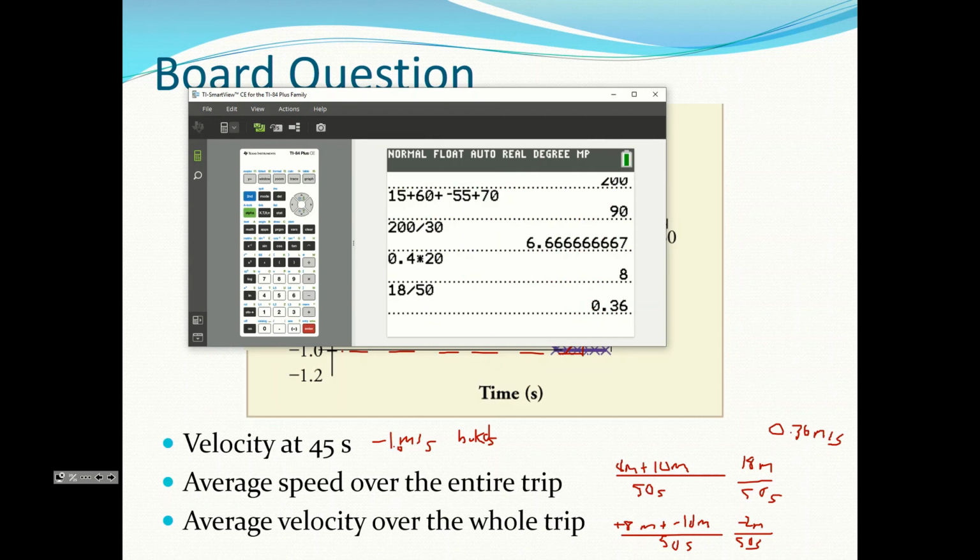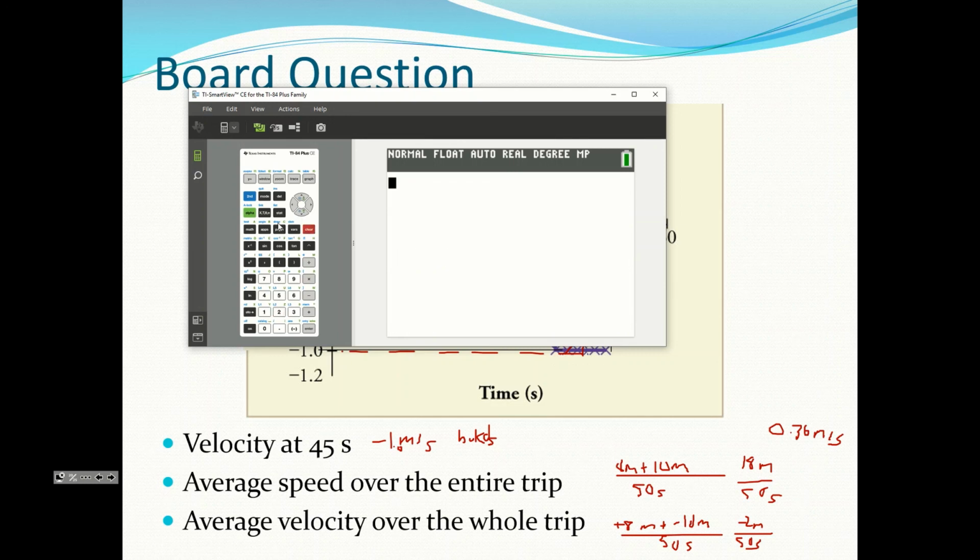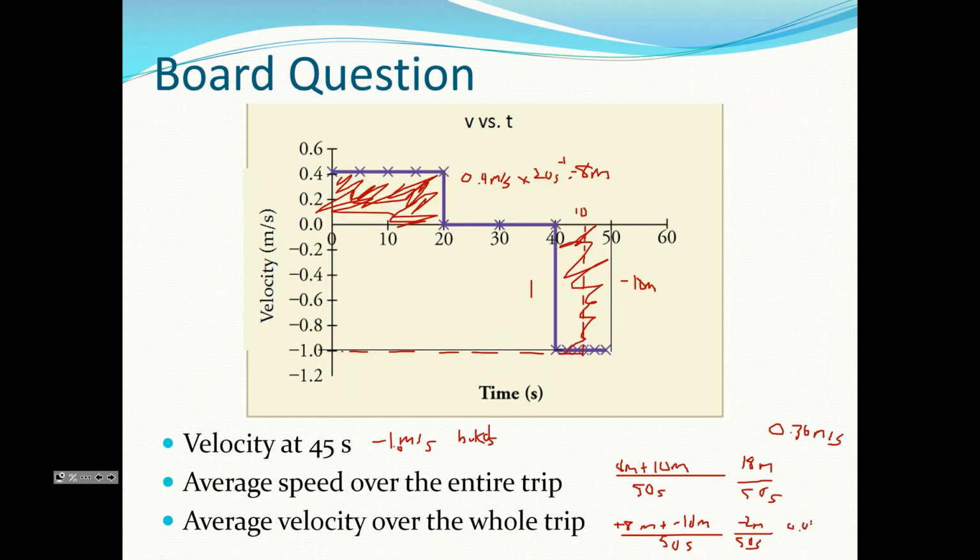So if I go negative 2 divided by 50, I end up getting 0.04 meters per second. It's negative, which means it's backwards. So my average velocity is backwards.